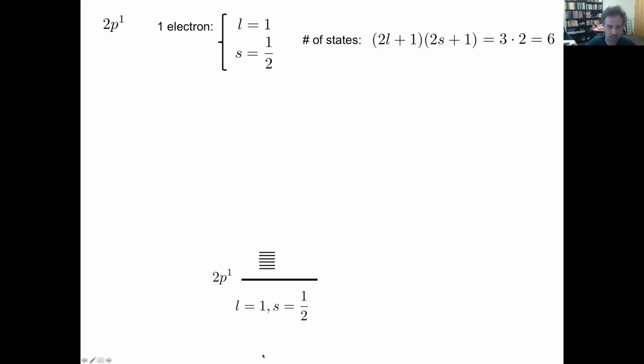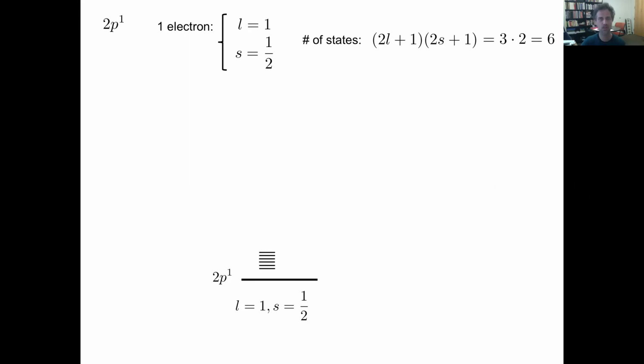Okay, so here's my situation, and this line here indicates just the state 2p. It has L equals 1 and S equals 1/2, and as we just concluded, there's 1, 2, 3, 4, 5, 6 states in which the electron can sit. I put these lines here, but these lines basically overlap with this state because they all have the same energy, as far as I'm concerned.